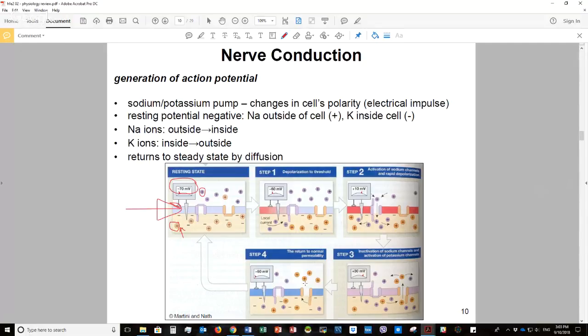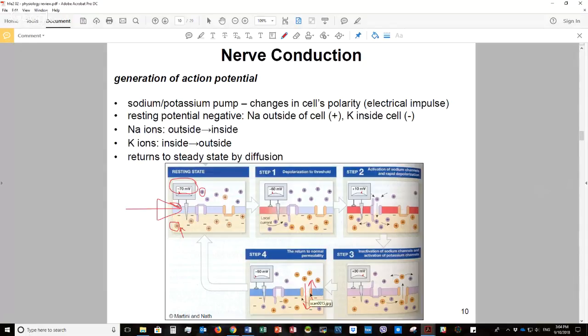And so a sodium potassium pump will move, for every 2 potassium ions it moves in, it also moves 3 sodium ions out. So this little pump is going to work on creating that difference to maintain that resting potential, the membrane potential.